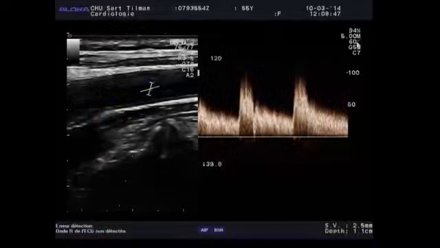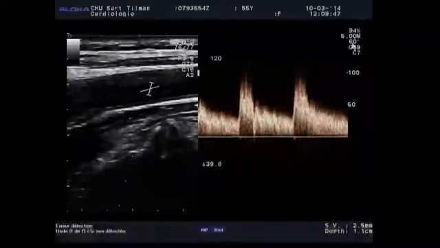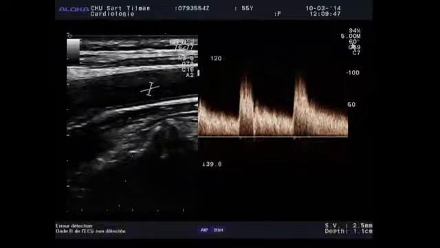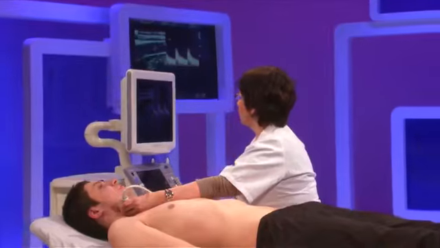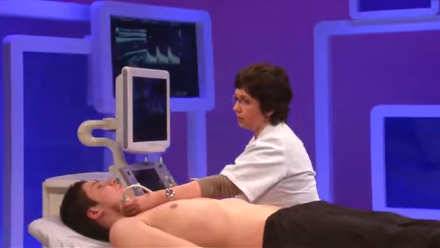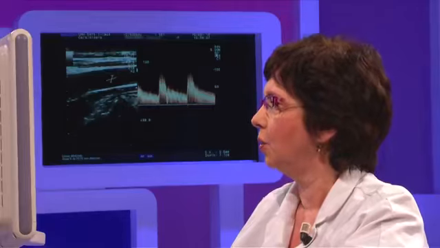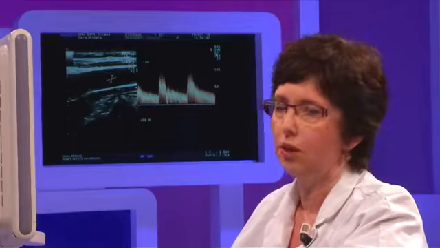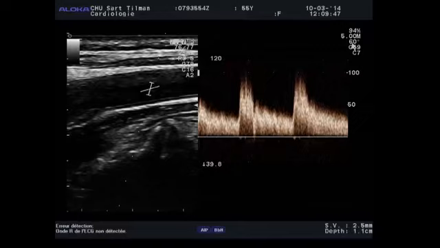So if you have a theta angle or incident angle above 60 degrees, you will overestimate your velocities. And I'm going to show you later on, to assess the severity of the carotid stenosis, you will use peak systolic velocity. So it's very important not to make mistakes at this stage.